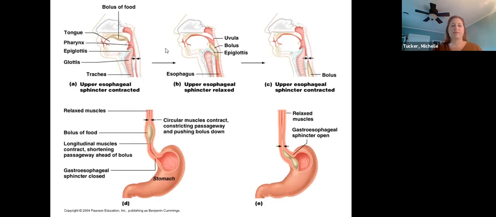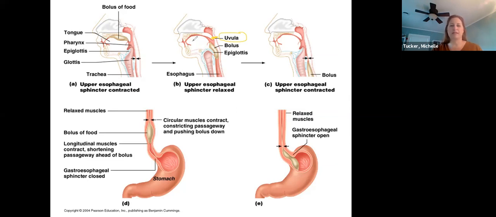There are a few structures that are involved with the swallowing reflex. Those structures are going to include the uvula, because that is going to close off the nasal cavity, and you don't want to get food up in the nasal cavity. That mucosa does not appreciate it.